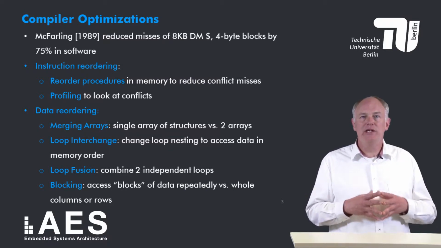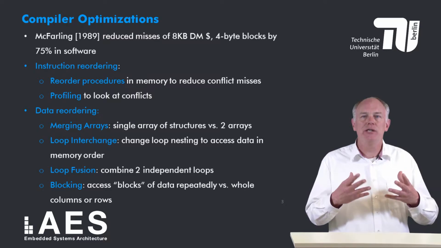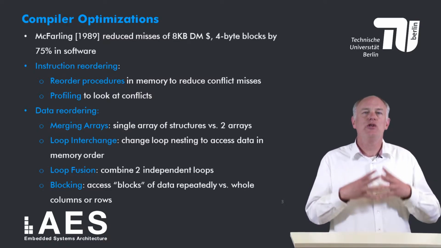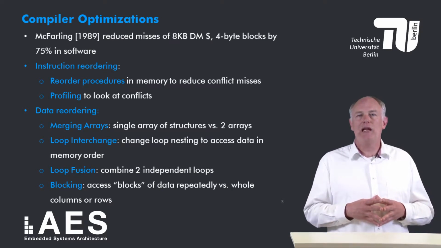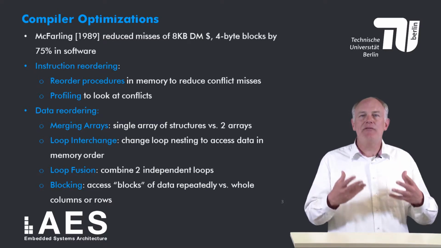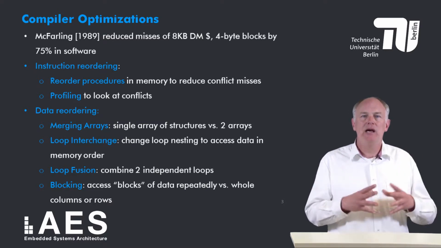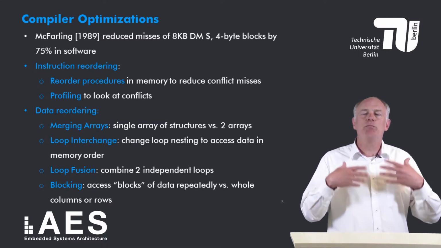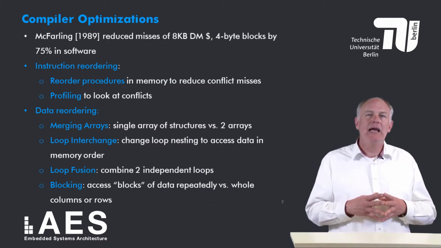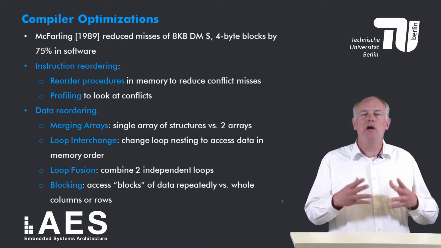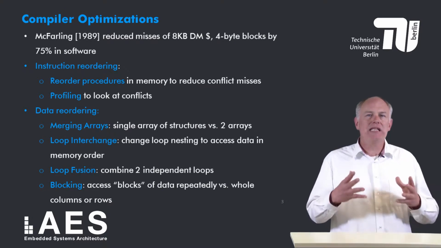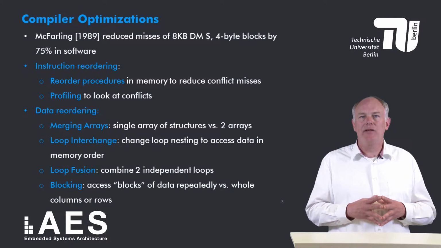Loop fusion is a technique that merges or fuses 2 independent loops that have the same looping to improve data locality. Finally, blocking is a technique where several nested loops are split so that the program accesses blocks of data repeatedly instead of accessing entire rows or columns that do not fit in cache. On the next slide, I will describe these techniques in more detail.